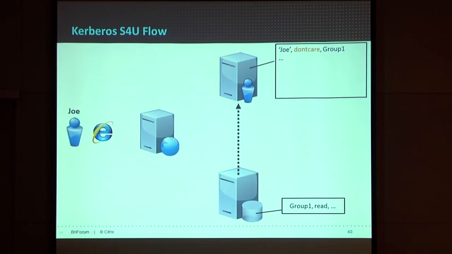But the way the model works is something like this. There's this extra special trust. A particular server, like say Web Interface, might be in front, and it's been marked in the domain as being specially trusted to do things. By the way, that's just the internal code name for all these Kerberos extensions Microsoft developed. Services for User or something.